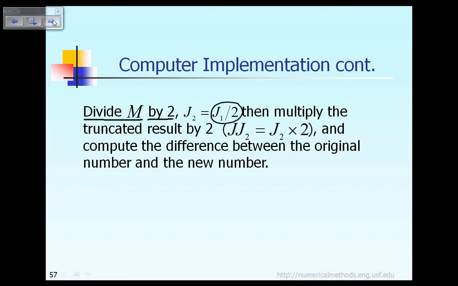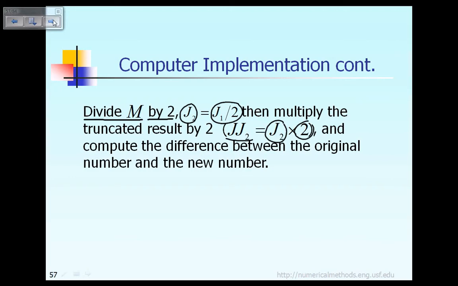That J1 divided by 2, you give it a new name, J2. Then after that, you multiply the truncated result by 2. The truncated result is J2, and you multiply that by 2, and the product you call JJ2.